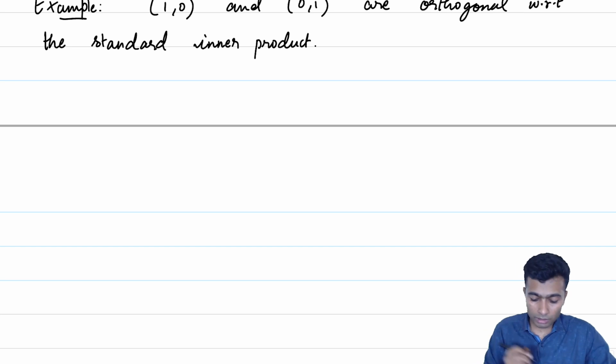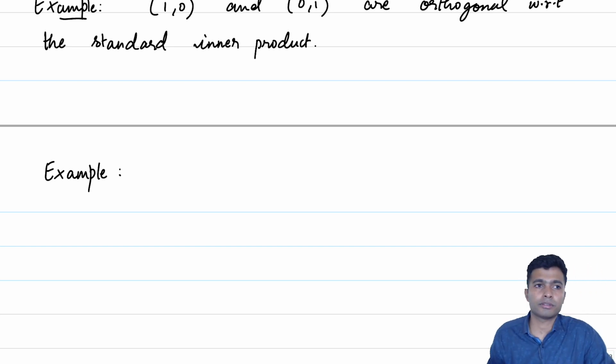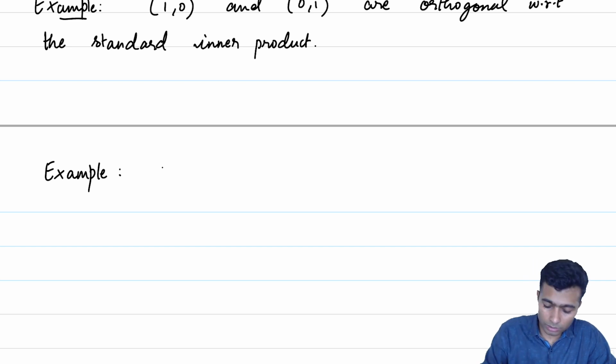Let's take an example to depict that orthogonality is a property which is very much dependent on what inner product we consider. So let's consider P(R).